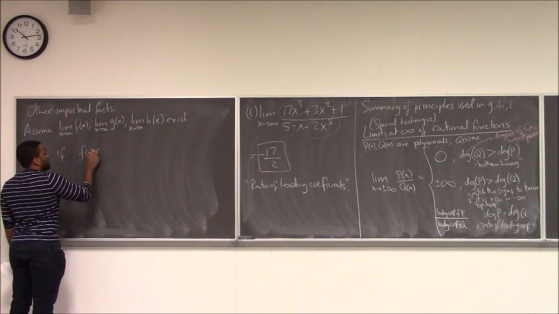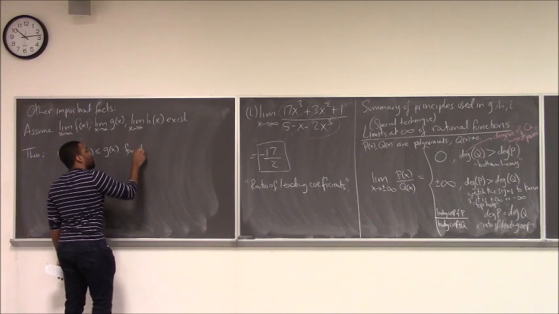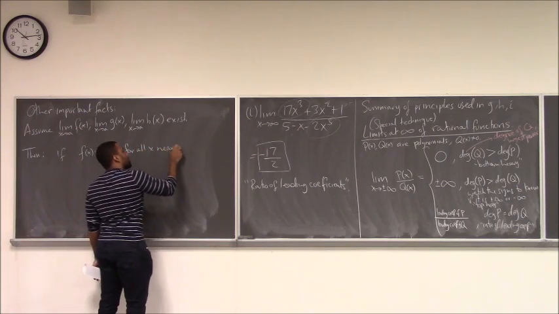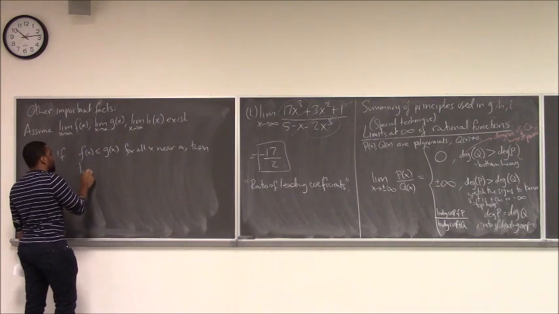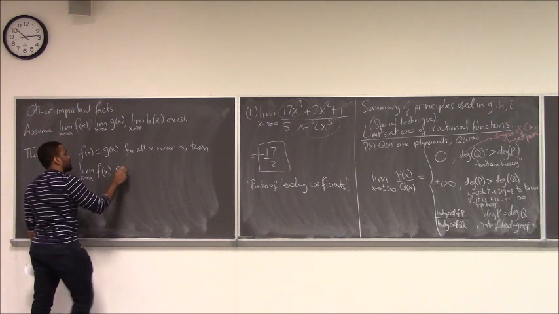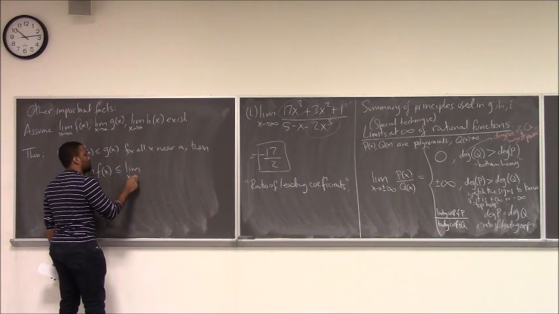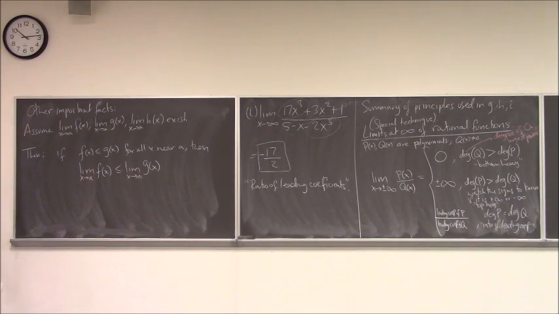If your f of x is less than or equal to your g of x for all x near a, then the limits will share the same inequality, right? Remember, the limits are tracking the y values as x gets close to a.